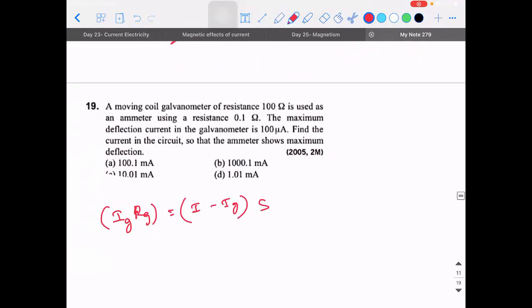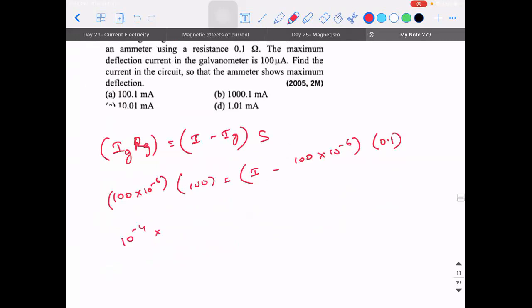So Ig is how much? 100 into 10 power minus 6. Rg is 100, is equal to I, which we need to find, minus 100 into 10 power minus 6, into shunt resistance, which is 0.1.